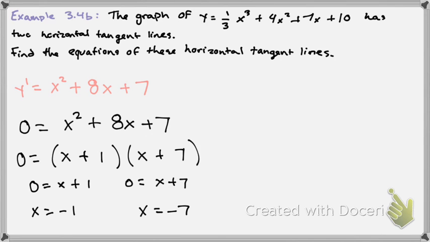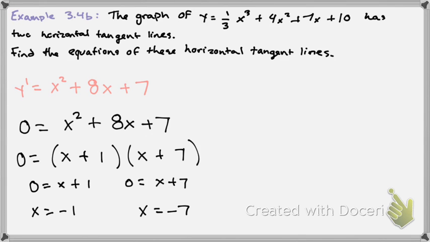So how do we get the equations of these horizontal tangent lines? Well, first we're going to have to find the y values, right? Because we need to have a point in order to solve.